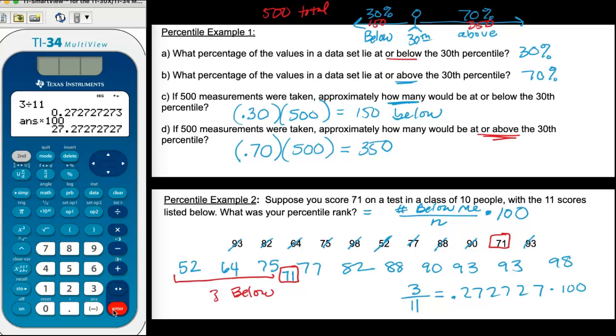And so I'm going to round to the nearest whole number. So this 0.2 tells me it's closer to 27 than it is to 28. So I'm going to say that I'm in the 27th percentile. That means that 27% of values are below.